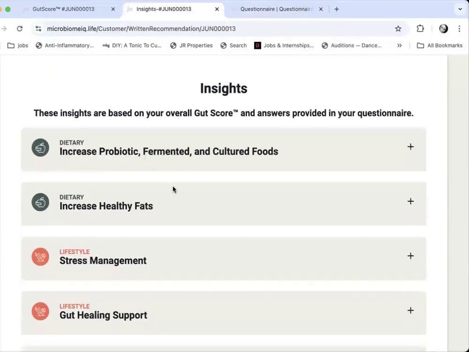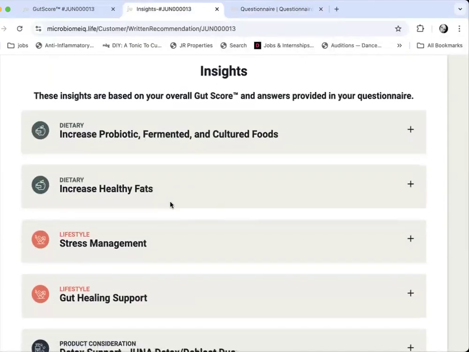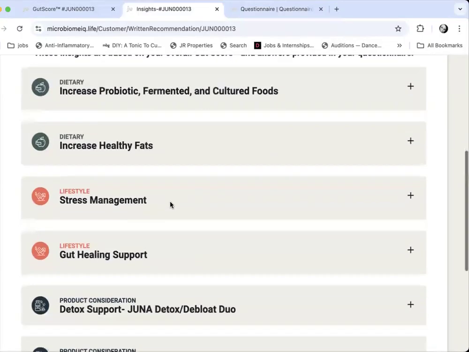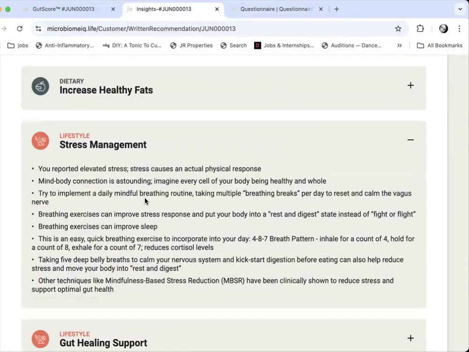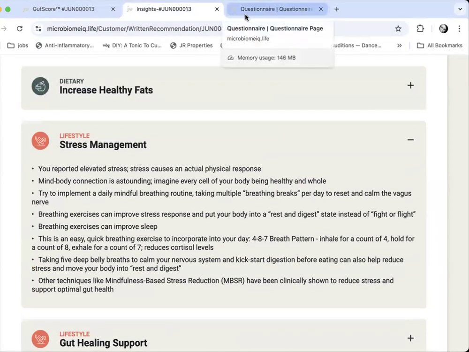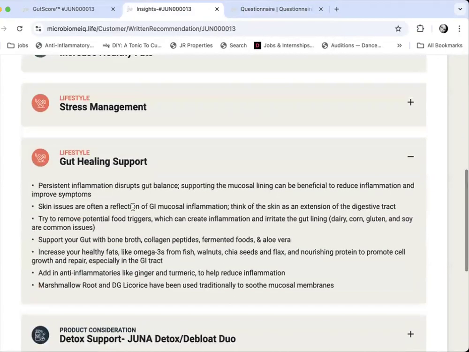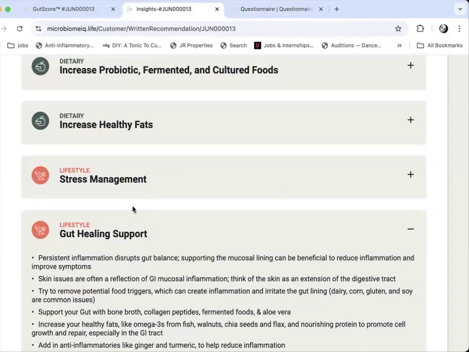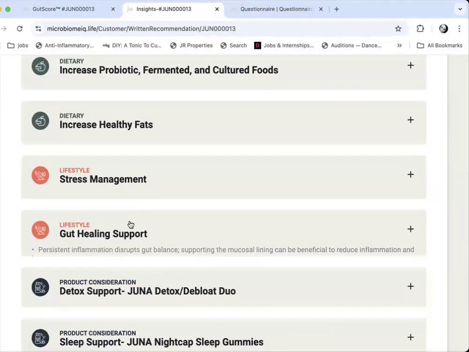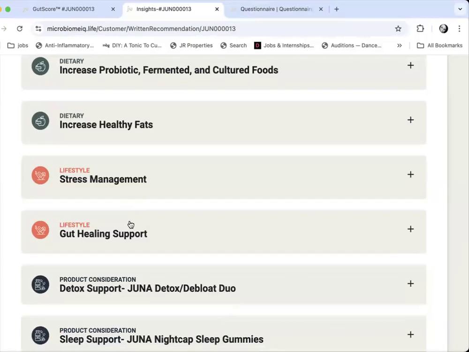You will see a couple of these repeat a lot because a large part of the population have these circumstances where we think these recommendations are really important. Stress management is one of them. You will see this recommendation all the time, and that's probably because most people are stressed. You'll see the gut healing recommendation because most people will have elevated proteobacteria to some level, and that indicates gut healing in some way.